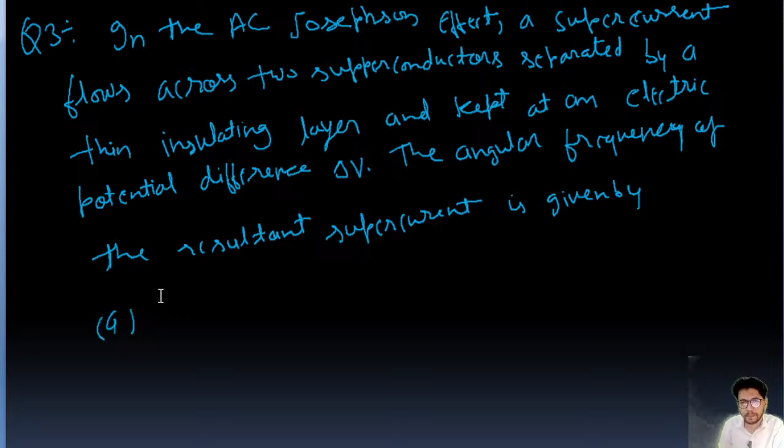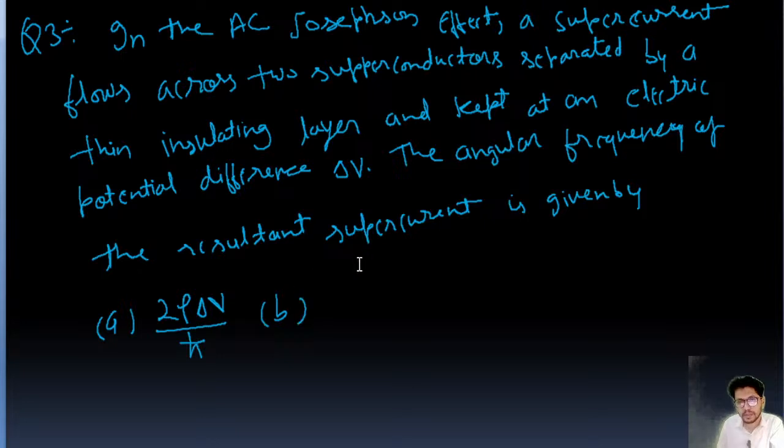Option A, 2 rho delta V. In the question it is given E, guys, but rho is the correct one, so I'm writing the correct one. 2 rho delta V upon H cut.